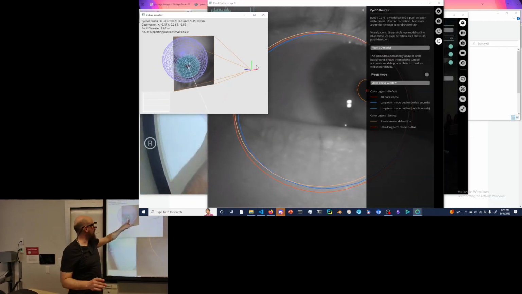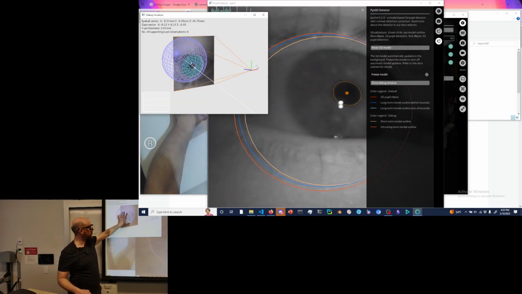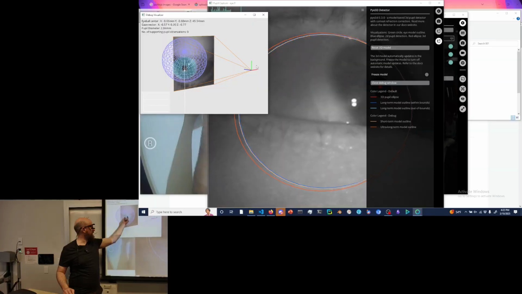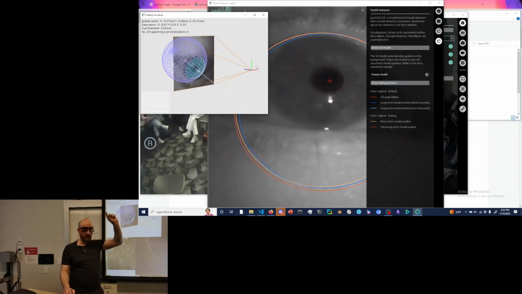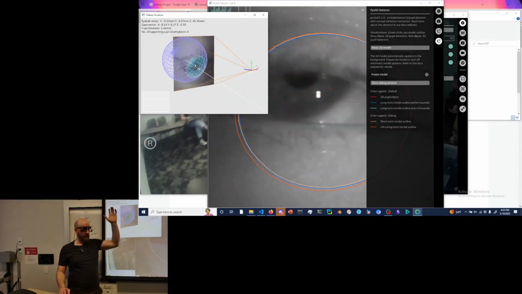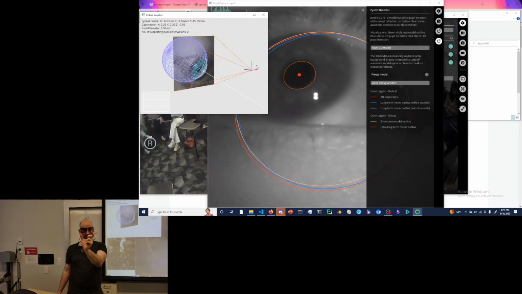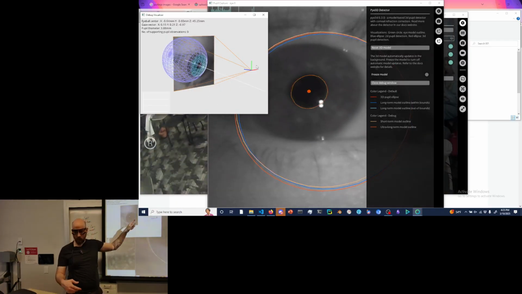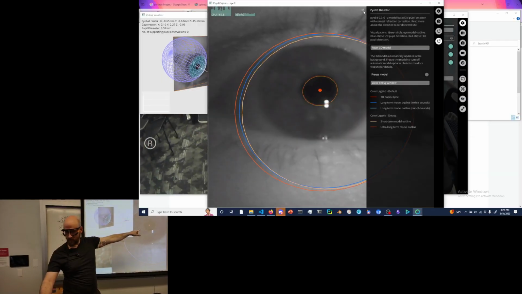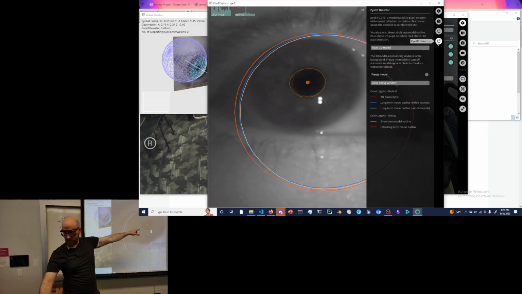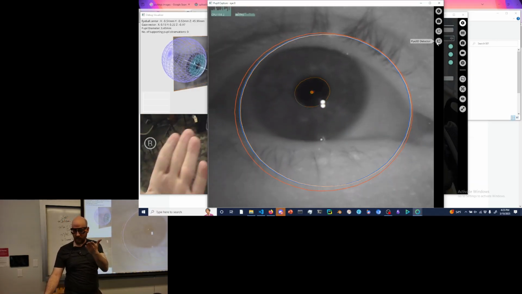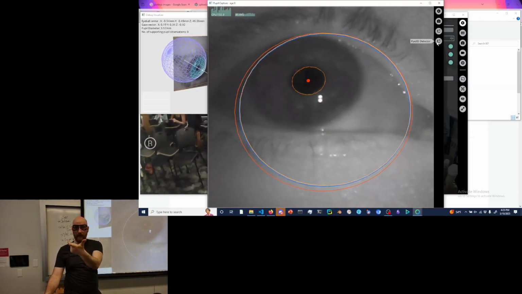Basically, the algorithm being used here assumes that your eye is a sphere, which it's not, but it's close enough. And it assumes that your pupil is a circle on the surface of that sphere. So if you see the dark circle, the part that's being circled there, and it appears to be a circle, then you must be staring straight down the pupil.